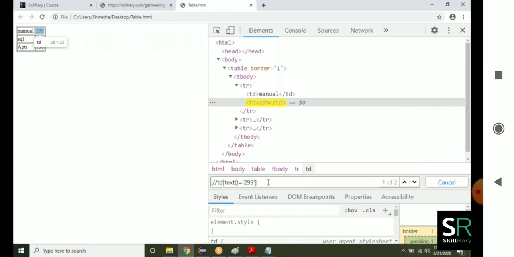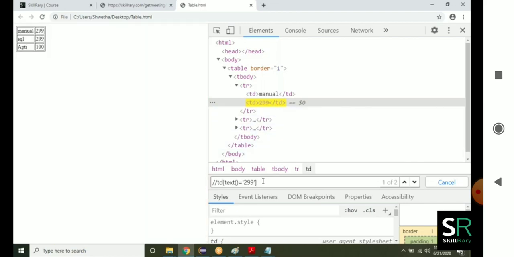See here, now if I click enter, instead of identifying the price of the SQL book, it is identifying the price of the manual. So you have to write an XPath in such a way that even if it is duplicate, even if the price of the book is changing, it should work. If any book is added above SQL, it should also work.